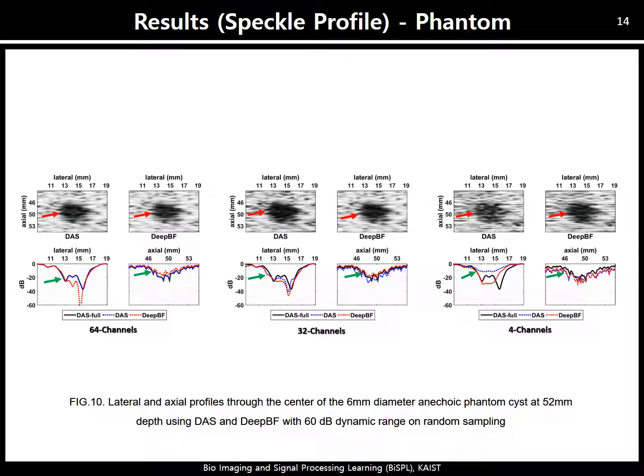So we just have 96 scan lines in the lateral dimension. So subsampling degrades the quality significantly, whereas in the axial dimension, we have very high sampling frequency. That's why even at 16 times downsampling, there is no significant degradation in the quality.